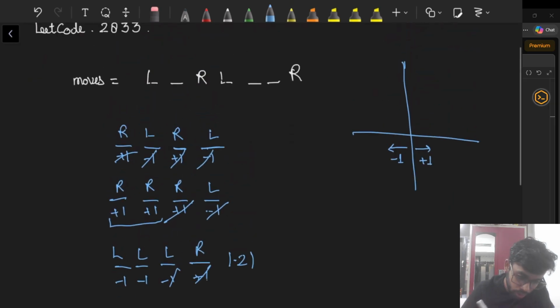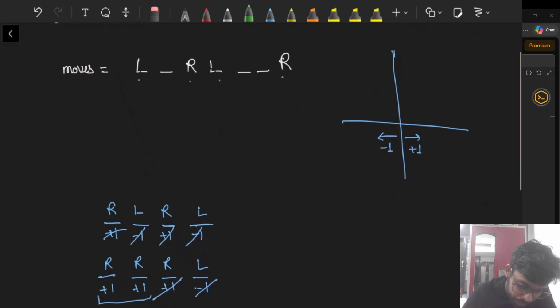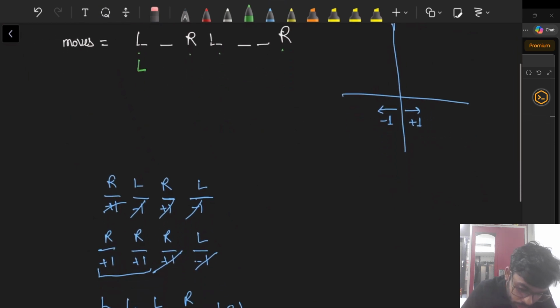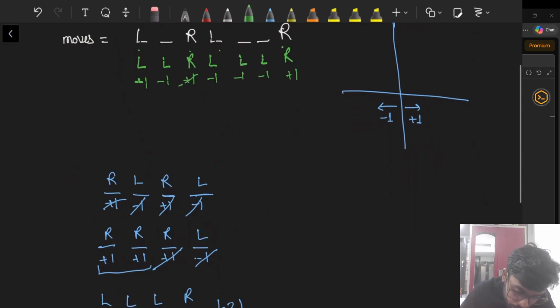Here, L and R are here, and the count of L and count of R is the same. So we can change these underscores to L: L, L, R. So it will be -1, -1, +1, -1, -1, -1, +1. The minus and plus will be cancelled, this will be cancelled, so we have got 1, 2, 3.